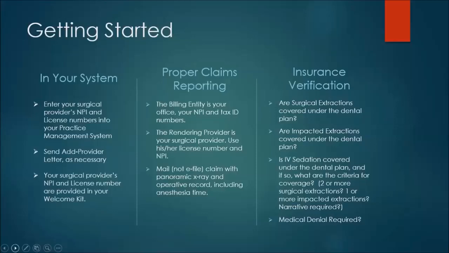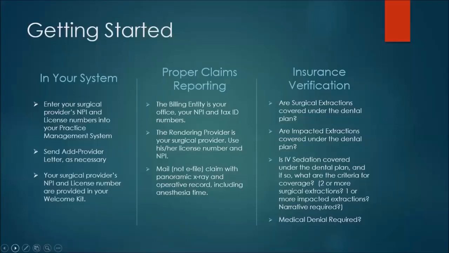We strongly recommend to print and mail claim forms to the insurance company each time you have one, because we have found that there's a little glitch in most of the eClaim software programs. That glitch prevents the rendering provider information from transmitting to the insurance company, and so it looks like your billing entity, your office, is also the rendering provider.